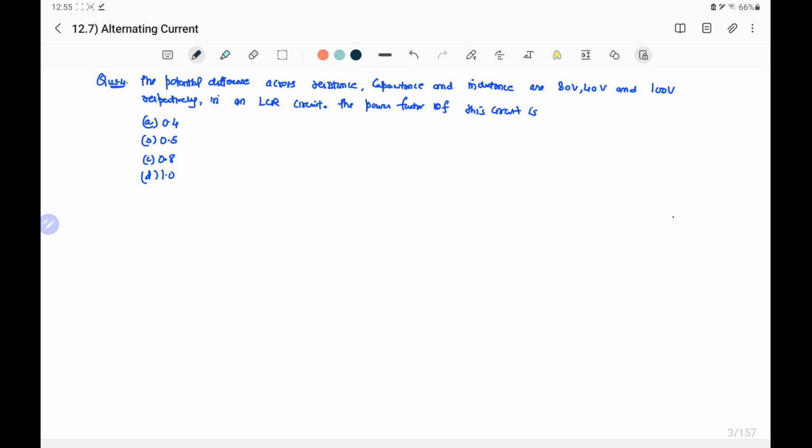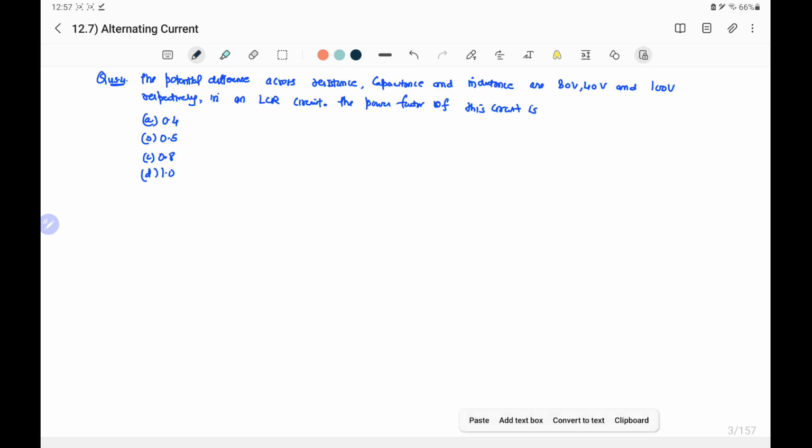Next question is, the potential difference across the resistance, capacitance and inductance are 80 volt, 40 volt and 100 volt respectively in an LCR circuit. Because the voltages are different in this LCR circuit along the inductor, capacitor and resistor, so we can say these are connected in series.